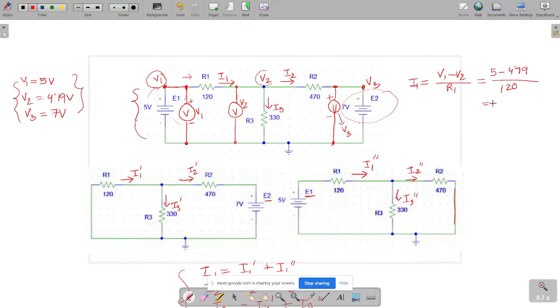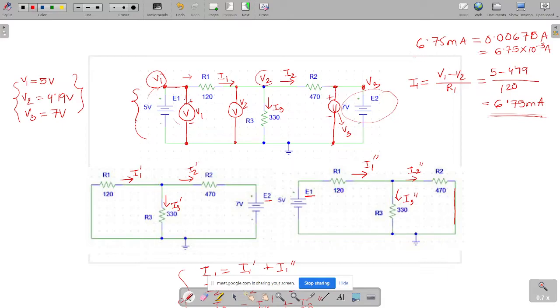Okay, so we can write it as 6.75 milliamps, right? If we convert this 6.75 milliampere into ampere, we will get 0.00675 ampere, which is 6.75 into 10 inverse 3 ampere.